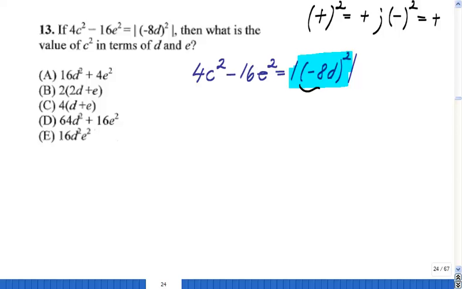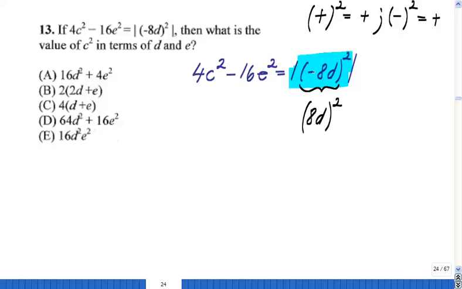So regardless what that negative AD will be, negative AD squared is going to be AD, everything squared, and the absolute value of that cannot be anything else but a positive number, right? Basically positive AD squared. So I can rewrite the right side of my equation as being AD everything squared.